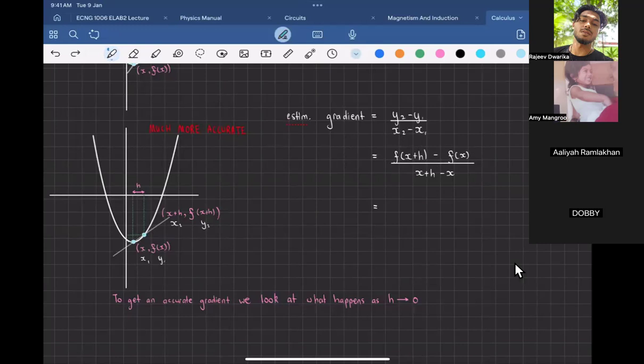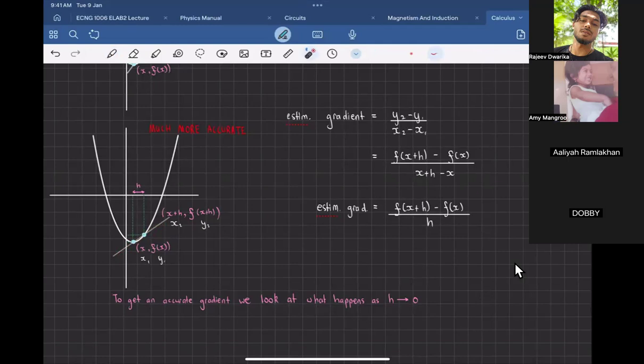No, so it would just be that over h. Yeah, I remember last class we looked at that. You said, well, I could just write h, and I said yeah, you could just write h. But this over here is not the actual gradient. This is the estimated gradient. It's a rough idea, right? This is just taking 2 points on a curve and finding the gradient.